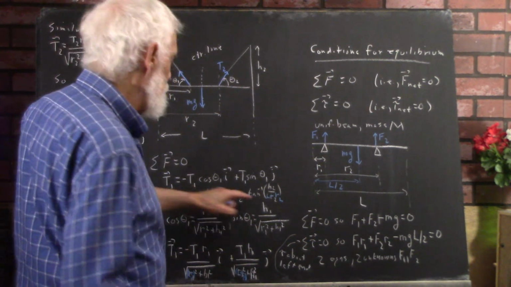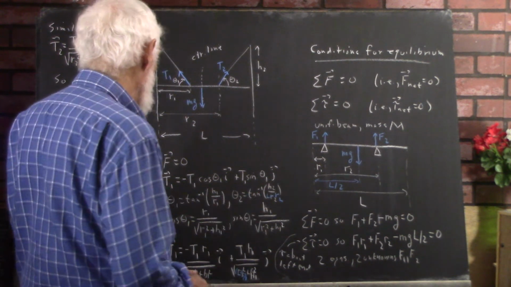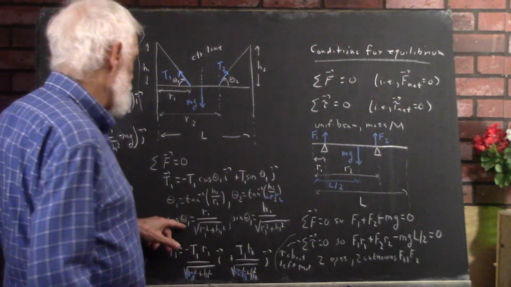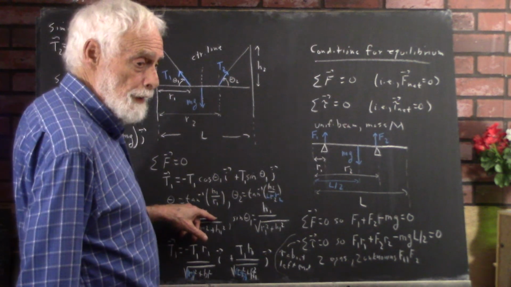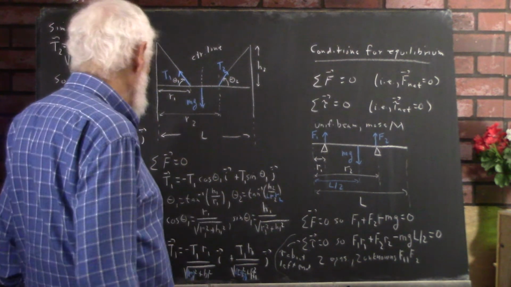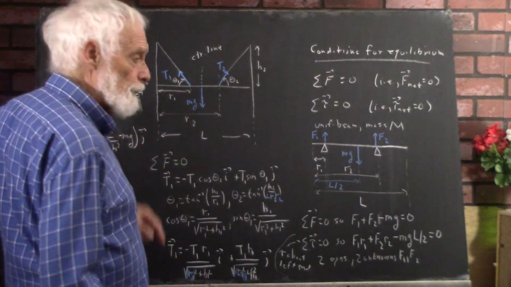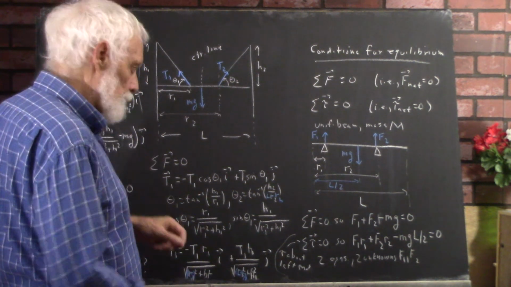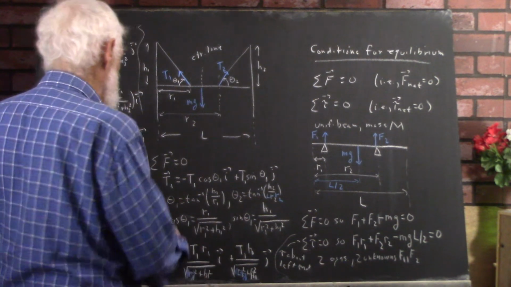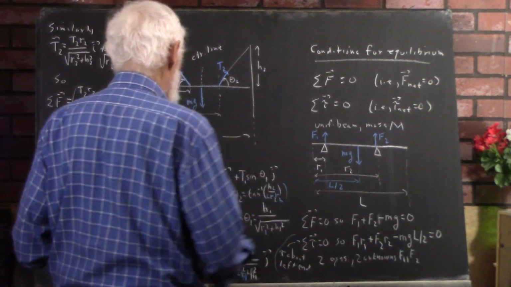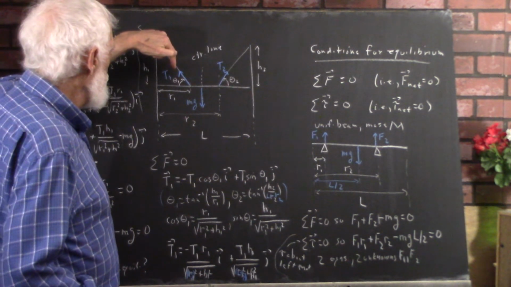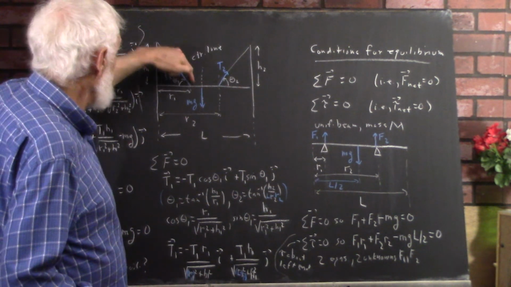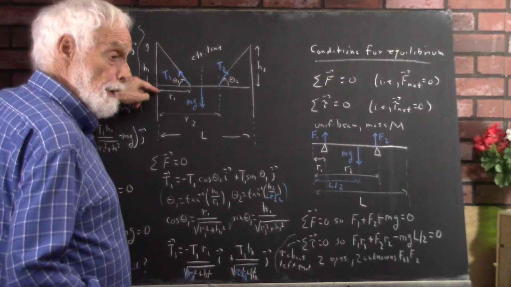We don't need these relationships, okay? The cosine of θ1, yes, would be the cosine of the arctangent of h1 over r1, and you should know how to do that. But let's just observe, we've got a right triangle here. The cosine of θ1 is just the adjacent side, r1, divided by the hypotenuse.